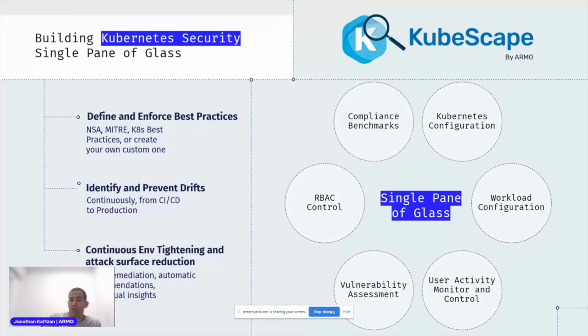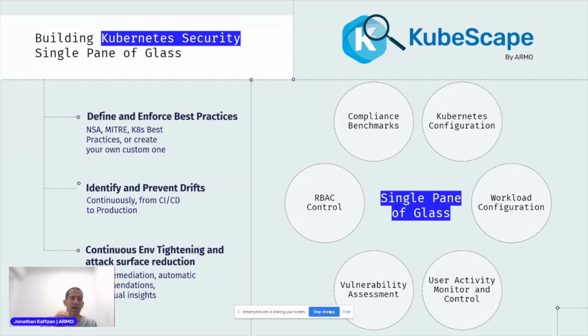One of the coolest things that we offer from Kubescape is also a way to fix and remediate some of the issues you have in a very easy and simple way. We call it assisted remediation. We don't just tell you that you have problems or issues.